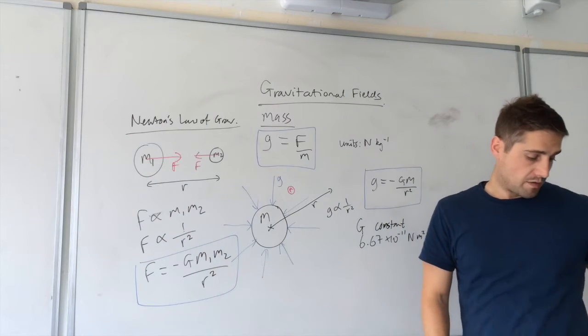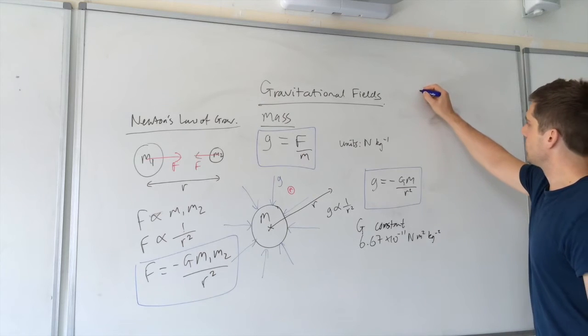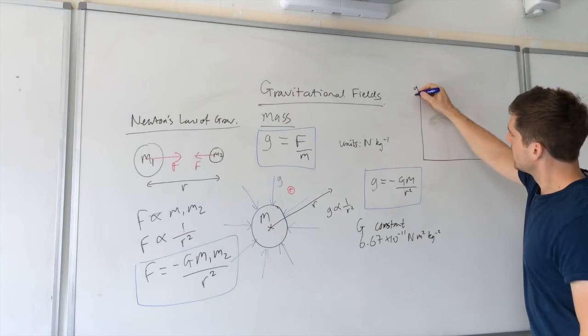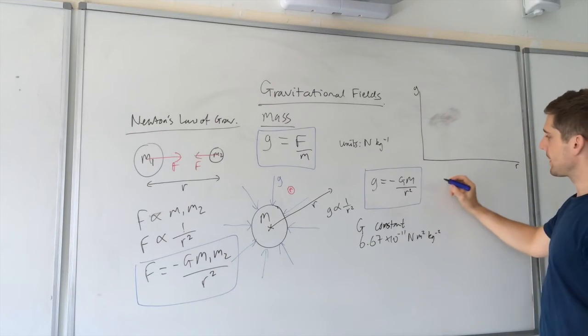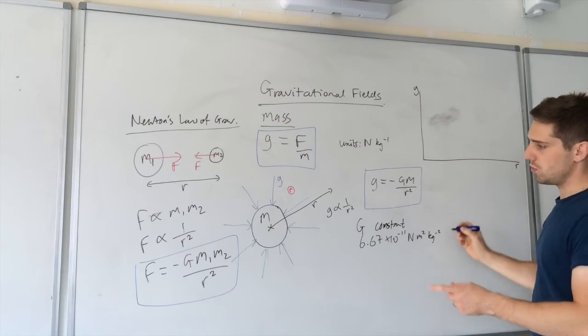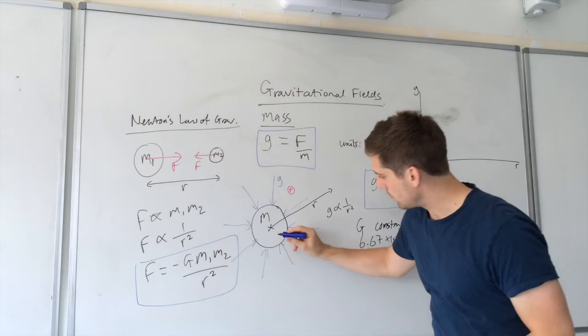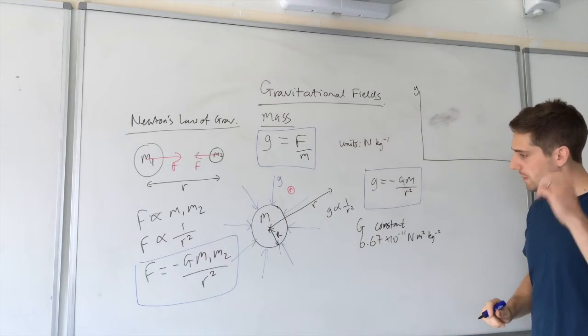Last thing to cover is the graph. So we have the graph of gravitational field strength with R. This is for our object here, let's say it's got mass m and it has a radius of r.